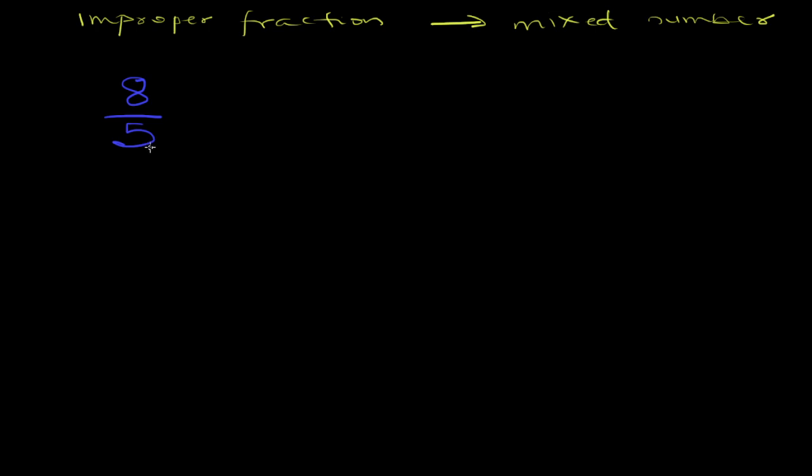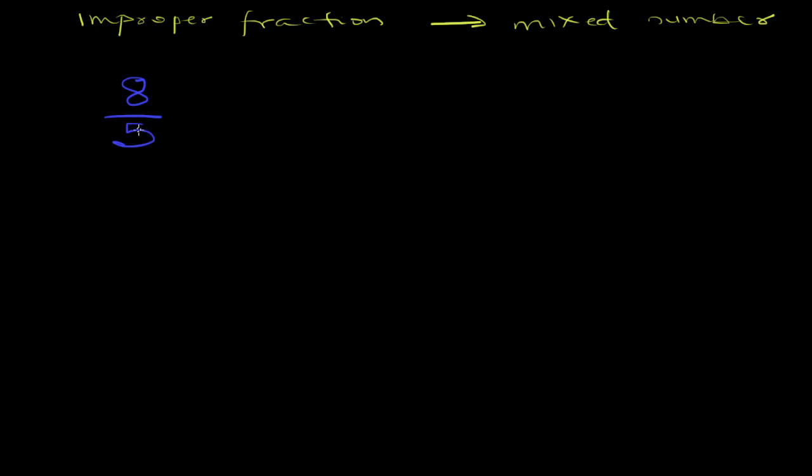Now let me ask you, how do you know that this is an improper fraction? Remember, that is because the numerator is bigger than the denominator, right? We see 8 is bigger than 5. So this is not a proper fraction. This is an improper fraction.